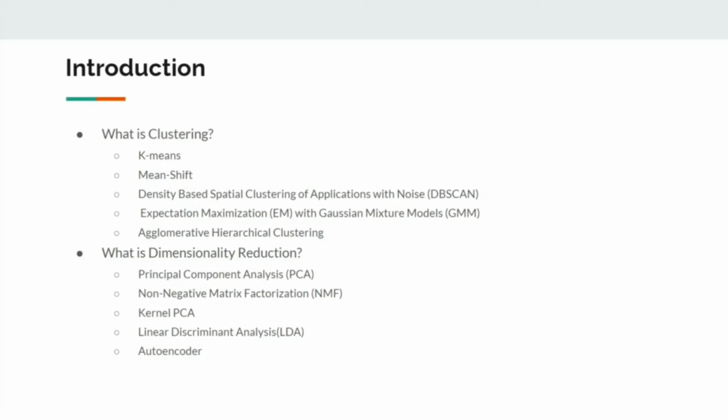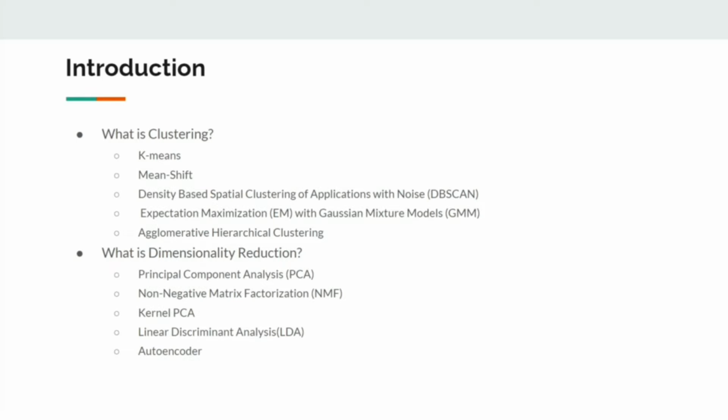What is dimensionality reduction? Dimensionality reduction is the transformation of data from a high-dimensional space into a low-dimensional space so that the low-dimensional representation retains some meaningful properties of the original data. Working in high-dimensional spaces can be undesirable for many reasons. Raw data are often sparse as a consequence of the curse of dimensionality, and analyzing the data is usually computationally intractable.